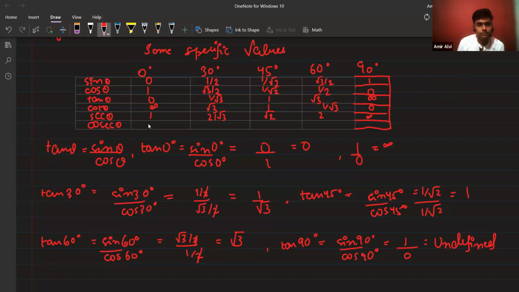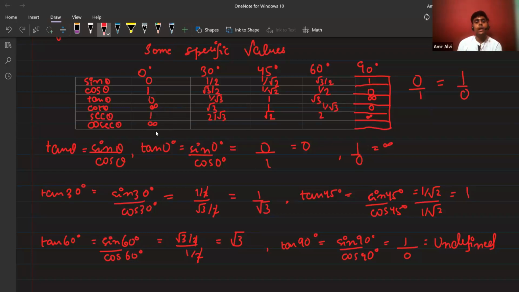Okay. Yes, sir. Now tell me, what will be the value of sine 0, cosec 0? Sine 0 is 0, and we reciprocate it. It would be not defined. When you write in the school exam, you will write undefined. Yes, sir.